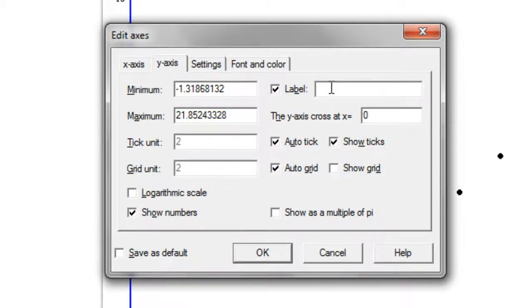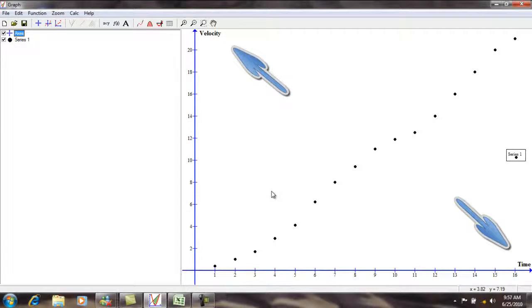And here we are labeling the x and y axis accordingly. That is our graph.